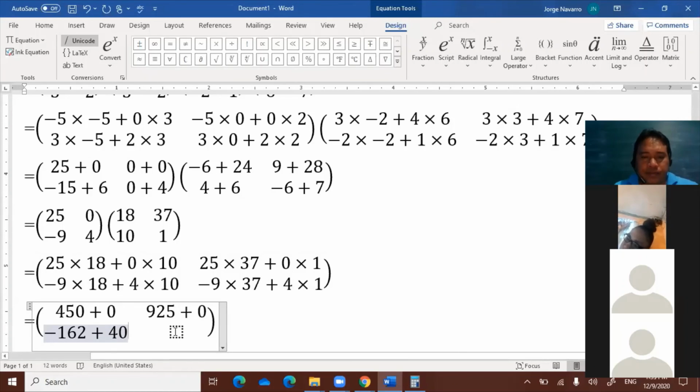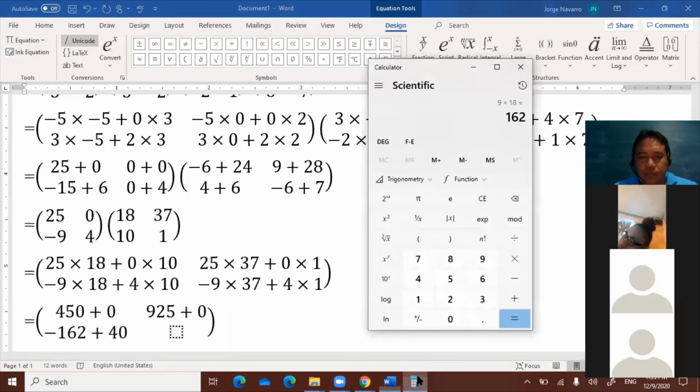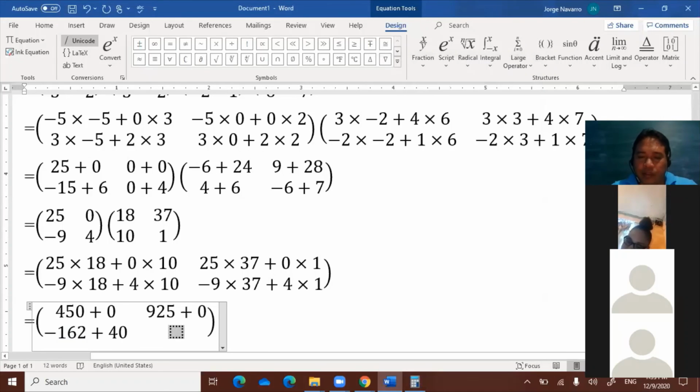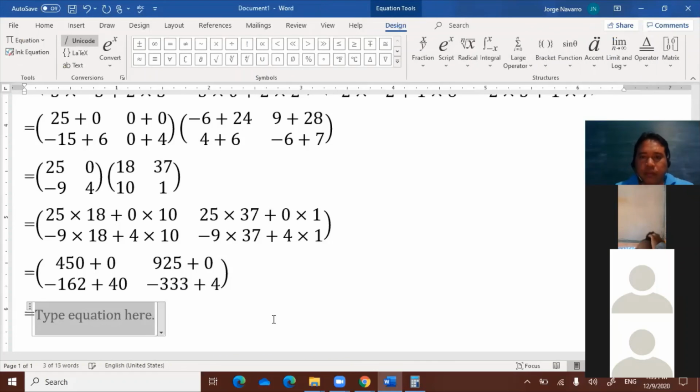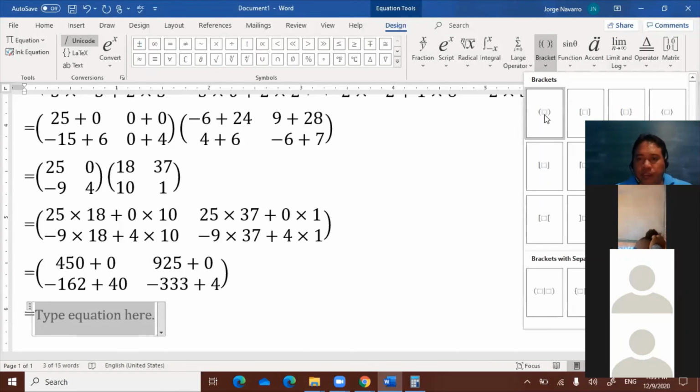And then here, negative 9 times 37. I don't know why this thing is lagging. And that's negative 333. Wow. Negative 333 plus 4, because 1 times 4 is 4. So now my final addition should be relatively simple.